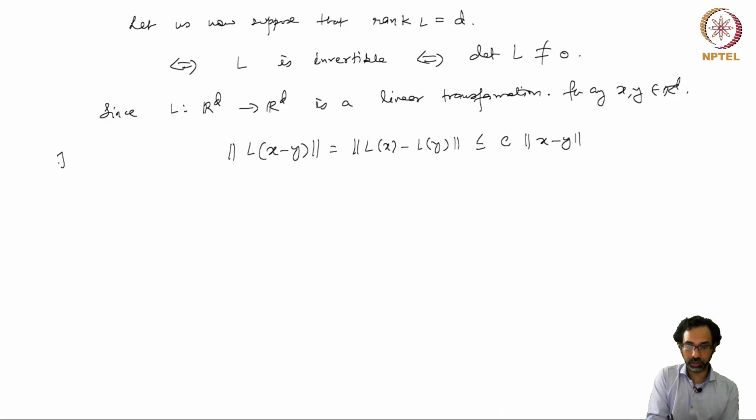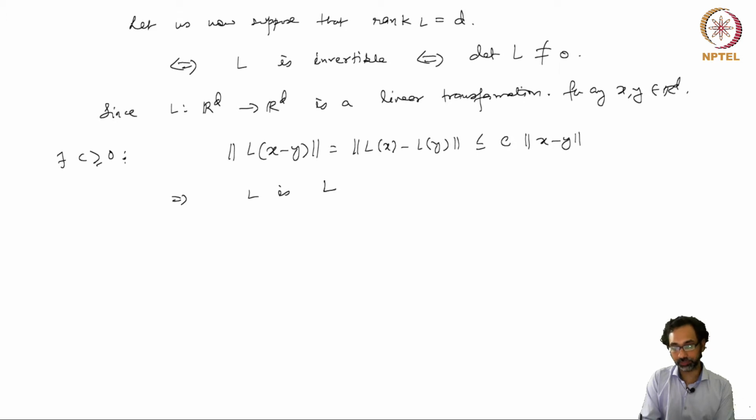So there exists a non-negative constant c such that the norm of L(x - y) is less than or equal to this constant c times the norm of x - y, which means that L is Lipschitz.